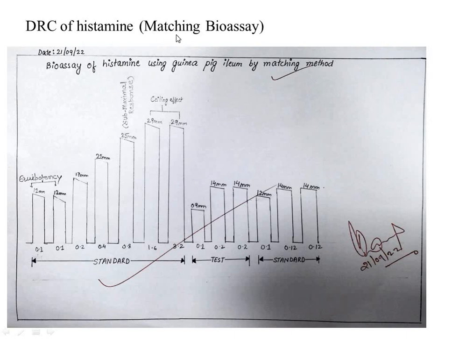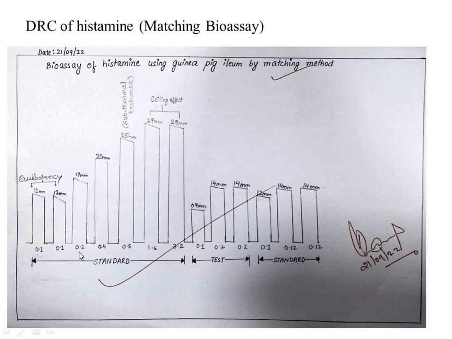So initially in the procedure of matching bioassay, first we have to administer the increasing dose of standard till the ceiling effect is observed. As we are starting from 0.1, we have given two consecutive doses of 0.1 and again 0.1, because we are checking equipotency here, and the response which we are getting is 12 millimeter.